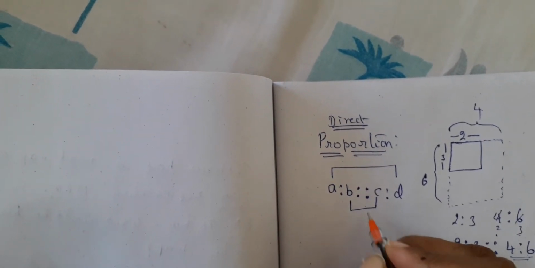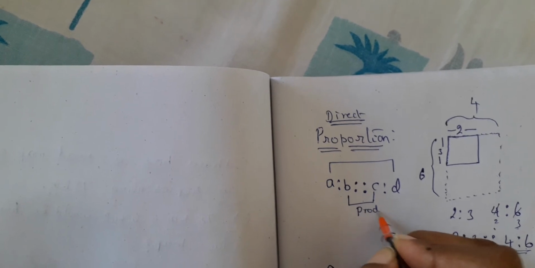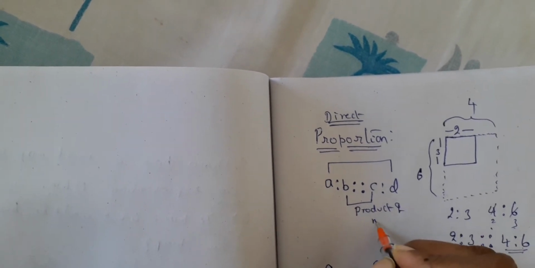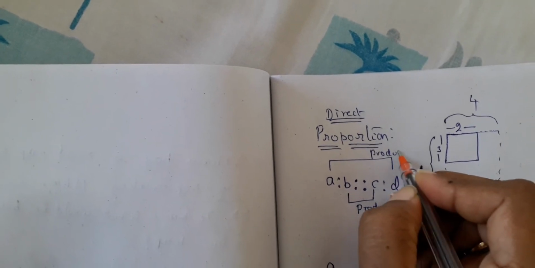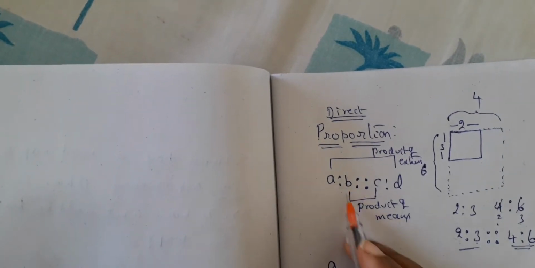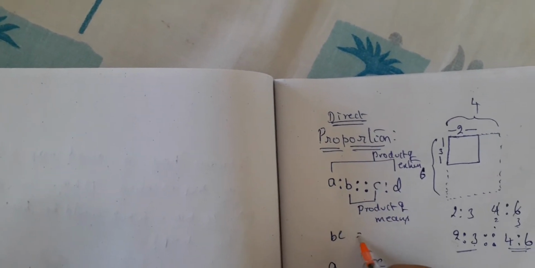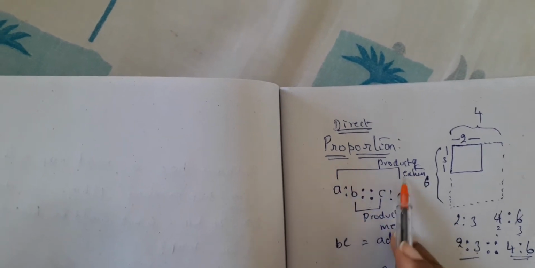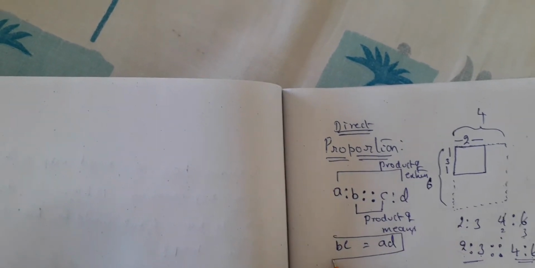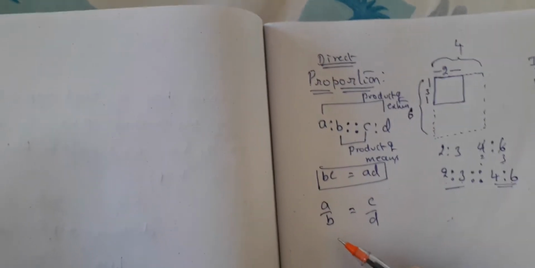So usually we will simplify it by taking the product of means and the product of extremes. These two are equal. See, now let us see. B into C is equal to A into D. So product of means is equal to product of extremes. Is it not? So now let us see whether what we understood is correct or not.